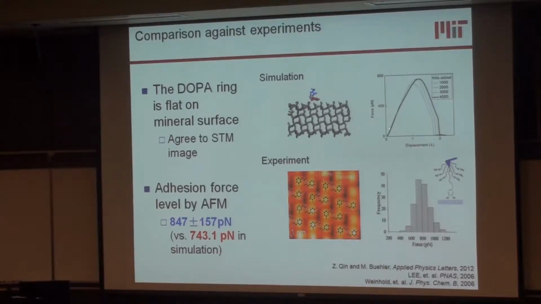We also measure the free energy landscape for a single DOPA to detach from this surface. Then we take the first derivative of the free energy landscape and get this force extension curve. The peak force is around 743 piconewtons in simulation, and comparing to the AFM test, it has a pretty good agreement.